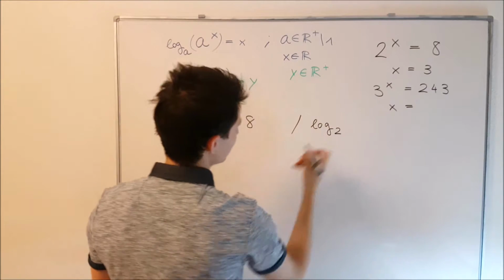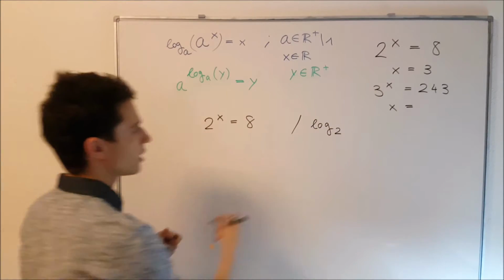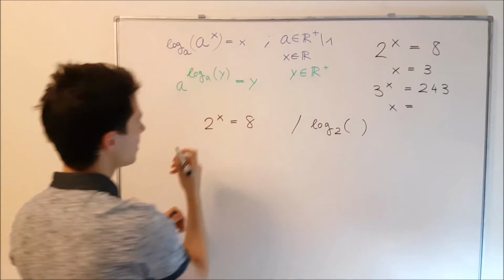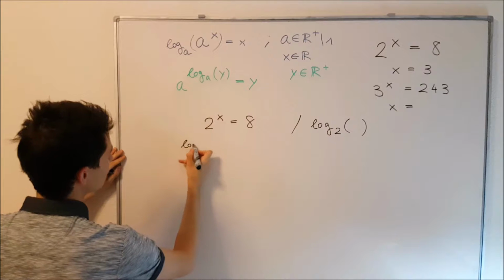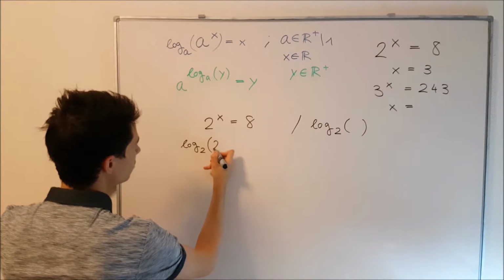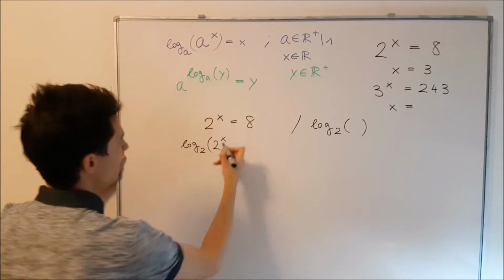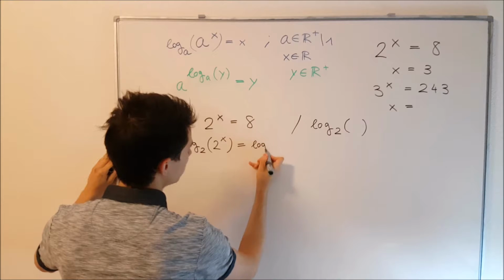So you take the base 2 that is already in the exponential function and you apply it to both sides of the equation, and what you would get on the left hand side is the log to the base 2 of 2 to the power x, and on the right hand side you would get the log to the base 2 of 8.